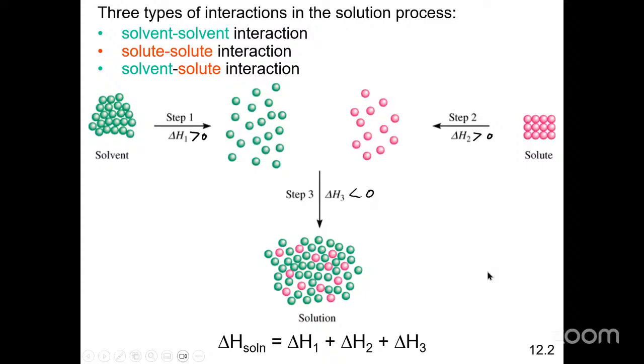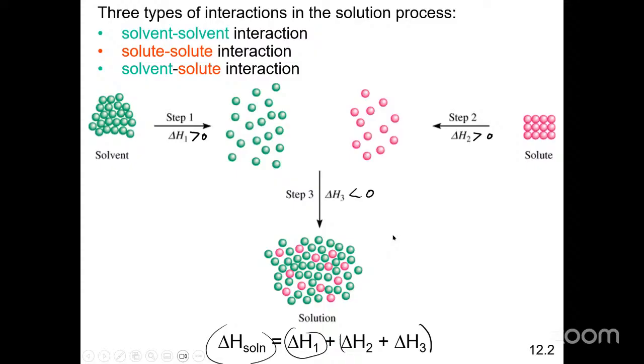All right, so for example, let's say that this part here is large and positive, and this part here is small and negative. That means that delta H solution would be positive, all right? And as a result, the dissolution process will be endothermic, all right?